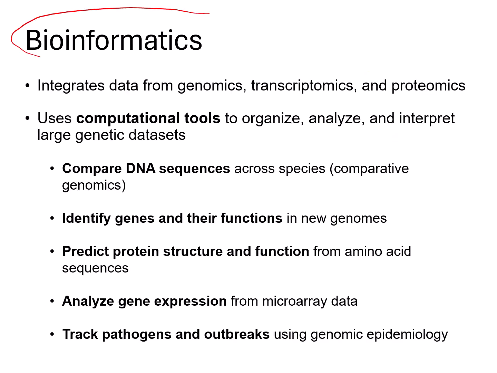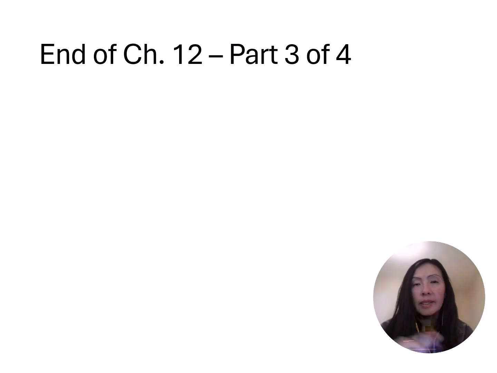And bioinformatics helps us integrate all of these different data types using computational tools. It really helps us organize massive genetic data sets. We can compare genomes, predict protein functions, track disease outbreaks, and many more. And that takes us to the end of part 3. In the next part, we'll look at how these molecular tools are applied to real-world biotechnology and medicine.